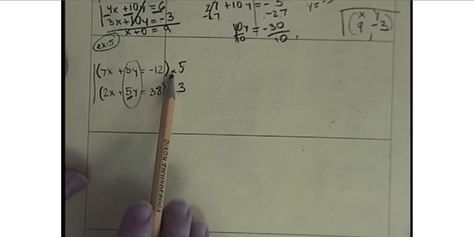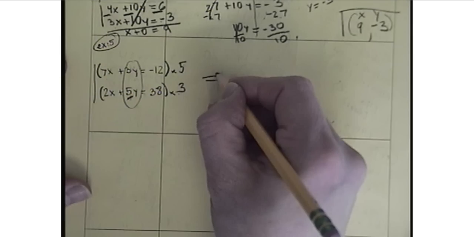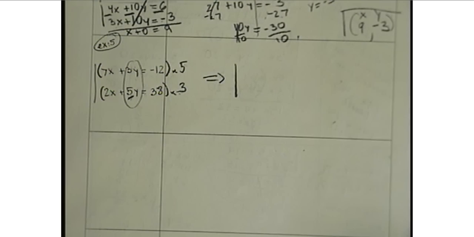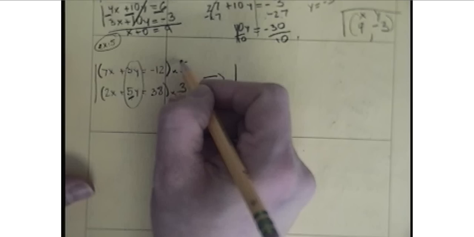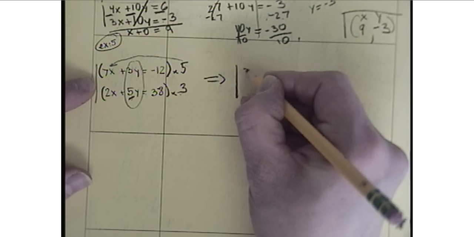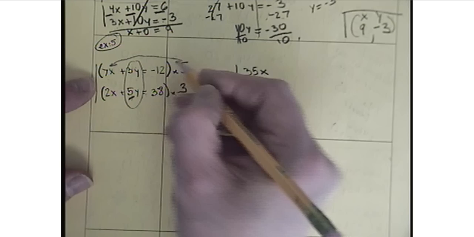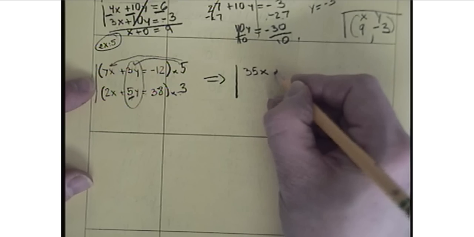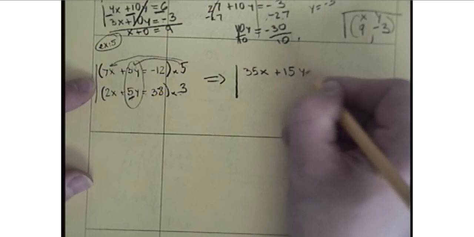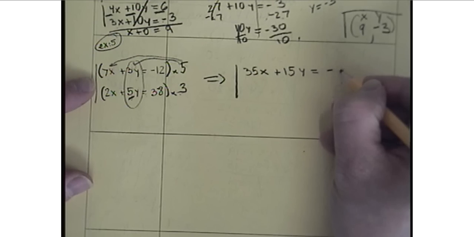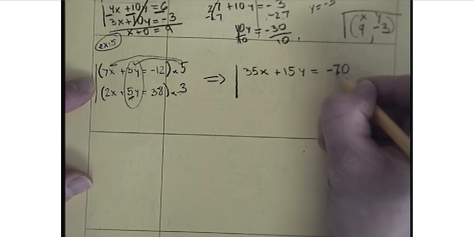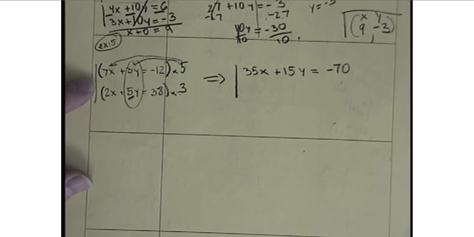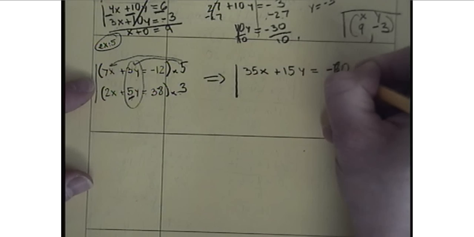When I do this, I'm going to rewrite the whole system again, and I will distribute and multiply the numbers. So 7 times 5 will give us 35x, 5 times 3y will be plus 15y equals 5 times negative 12, which is negative 60.